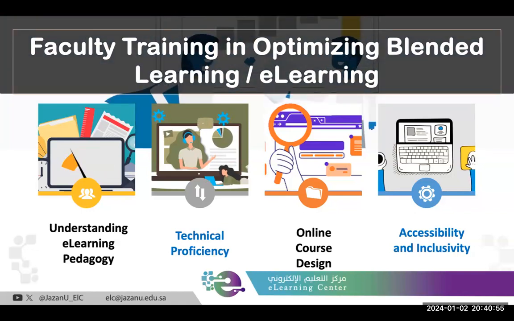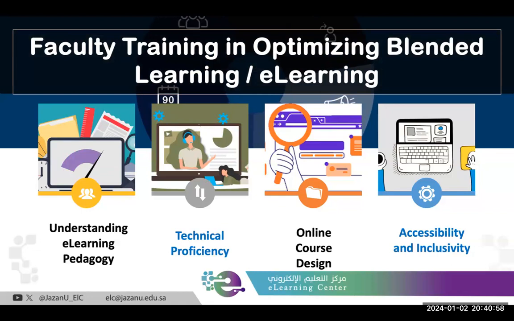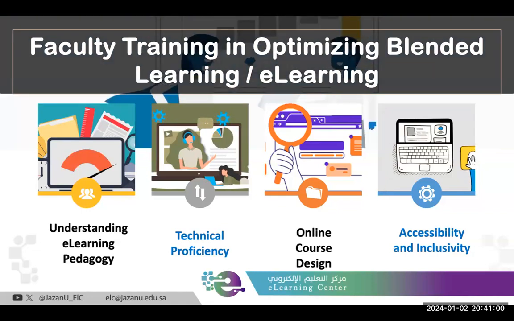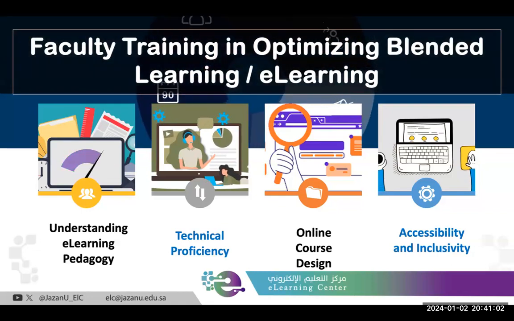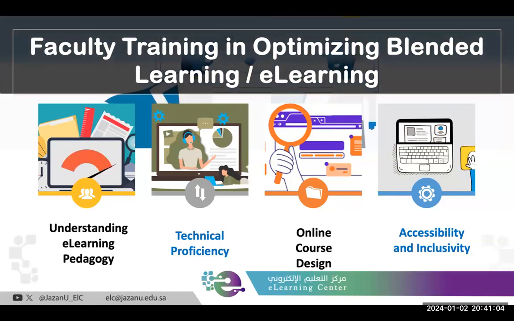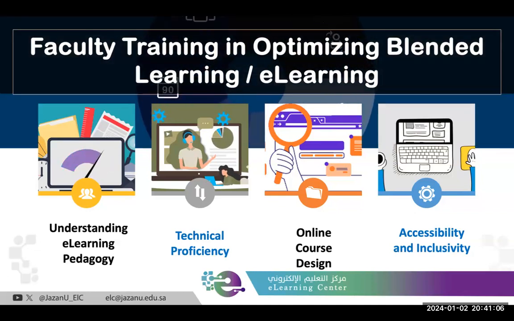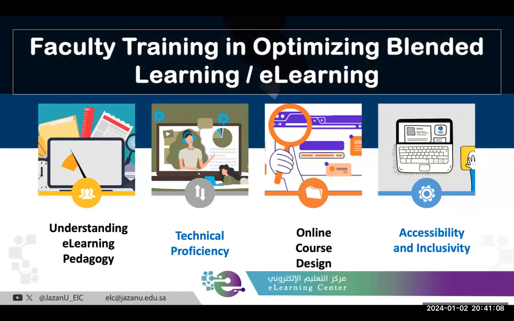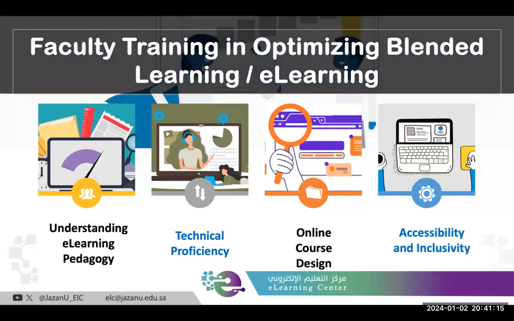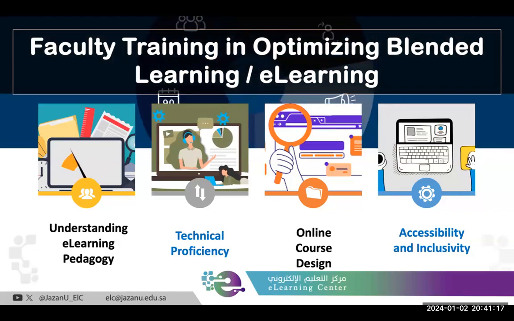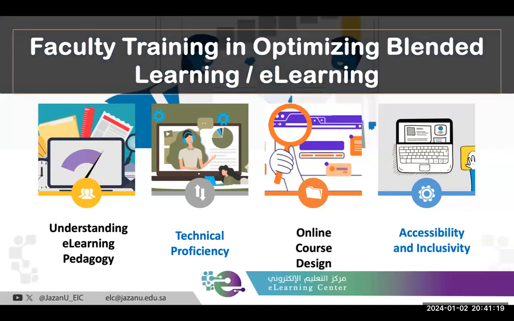The next one is accessibility and inclusivity. Stress the importance of making e-learning courses accessible to all students, including those with disabilities. Normally, all of our mobile devices and laptops have this option, the accessibility option.